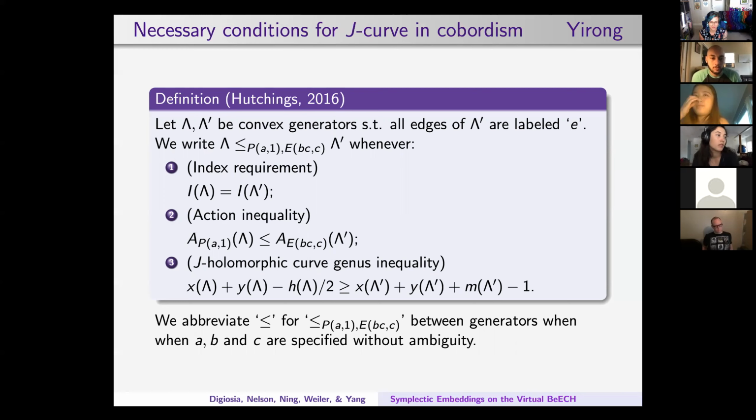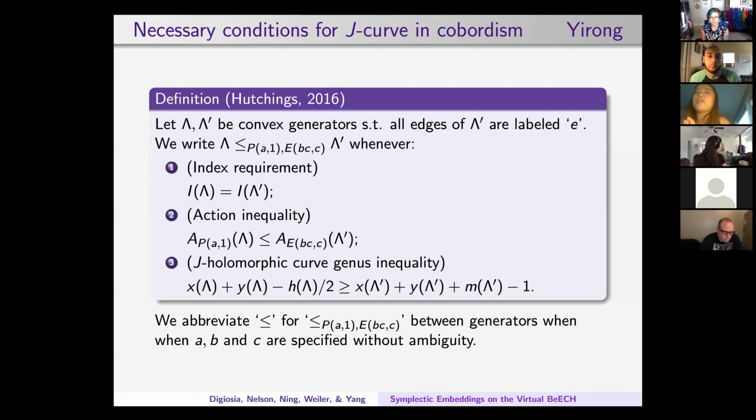So in the third inequality here, x of lambda and y of lambda mean the x and y intercept of lambda, and m of lambda prime means the multiplicity of lambda prime. So for example, if lambda prime is written as the formal product e10 to the third e32, then the multiplicity is their exponents added up together. So in this case, it will be 4.